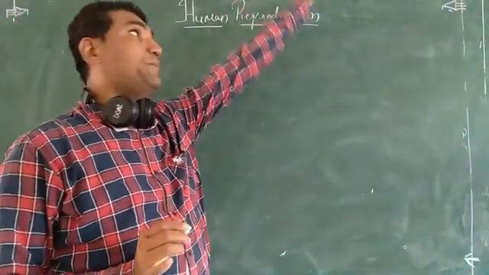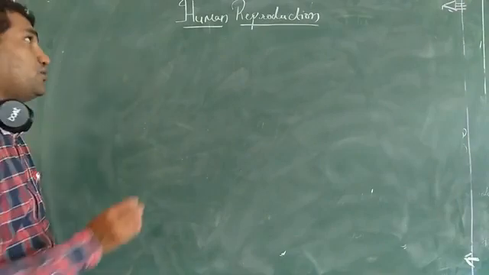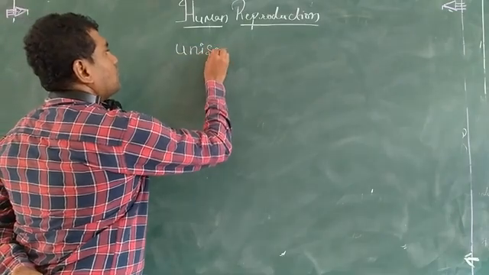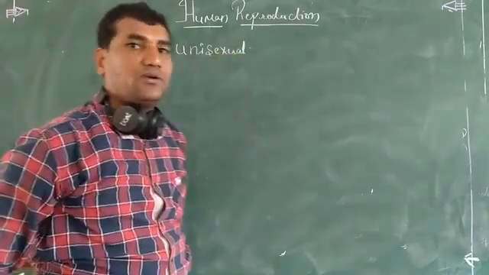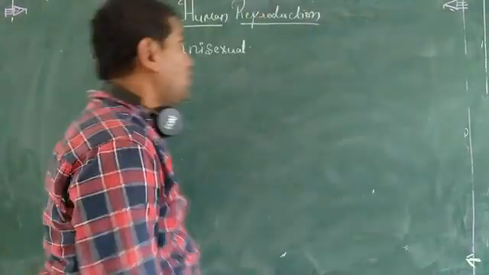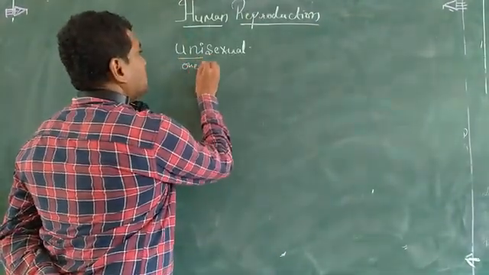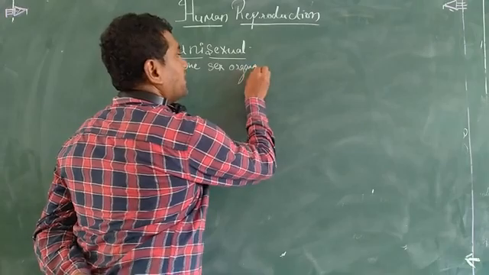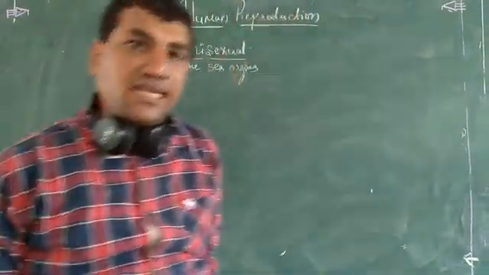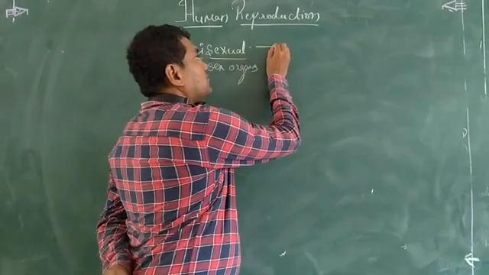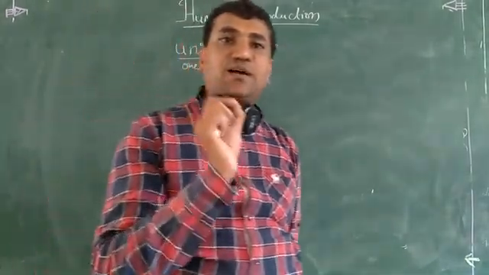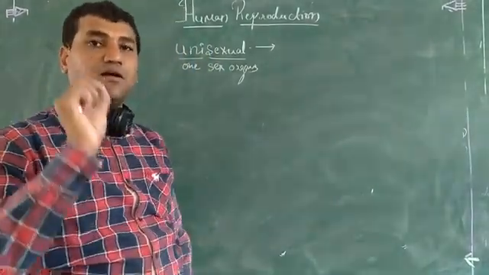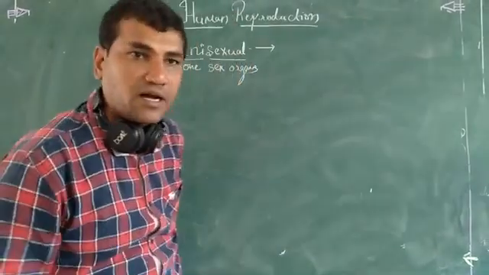Now, coming to the topic human reproduction, you know that humans are unisexual. Uni means one, sexual means sex organs are present. Unisexual means if only one sexual organ or one reproductive organ is present in an organism, they are called unisexual organisms.